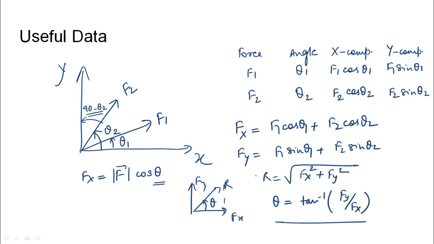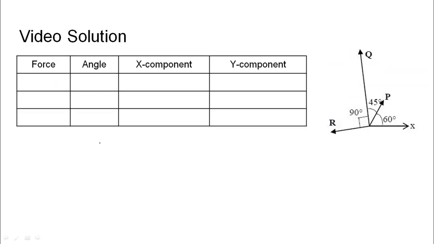So using these two equations for the resultant and the resultant's angle, we can find the corresponding results for the system of forces. In this case, we have been given three forces. The first one is P, whose magnitude is 100. The second is Q, whose magnitude is 250.